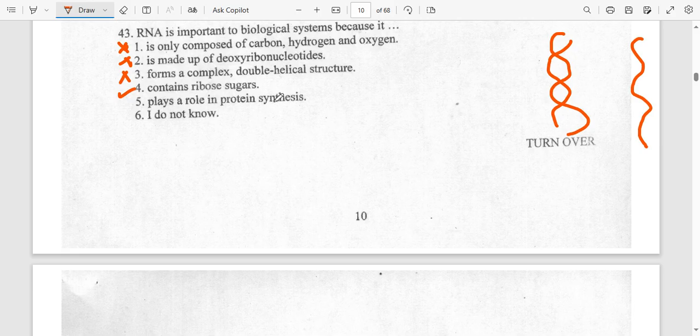Plays a role in protein synthesis. This is true. So the question is biological importance. It's not because it contains a ribose sugar. The importance is that you can convert RNA into proteins. That's a biological importance. So it's option 5.